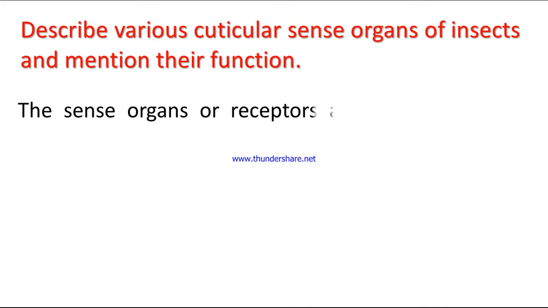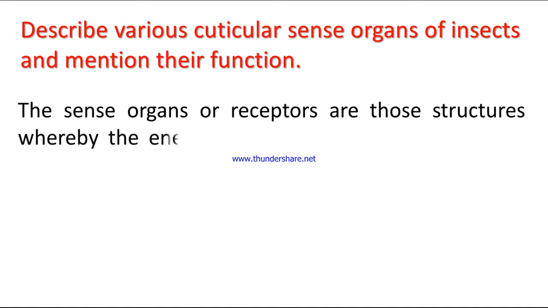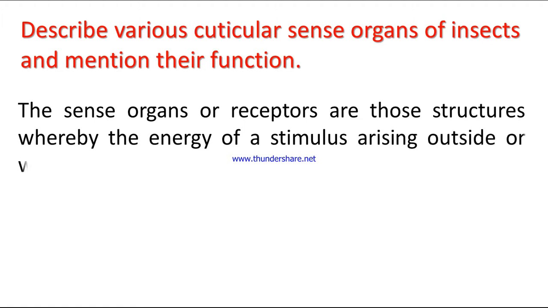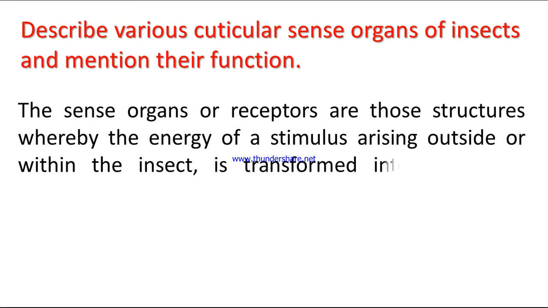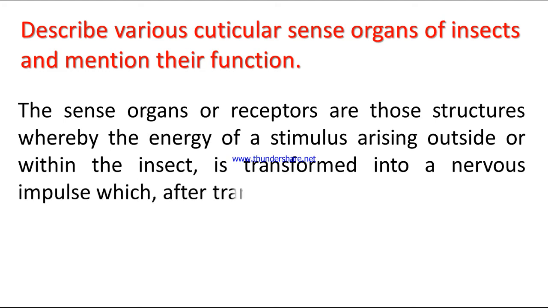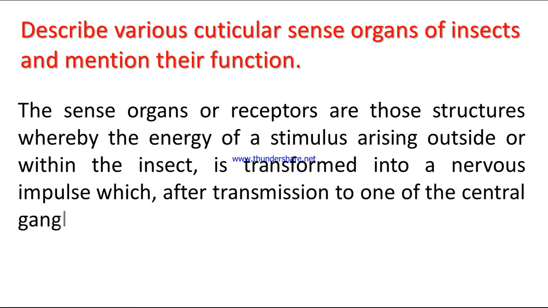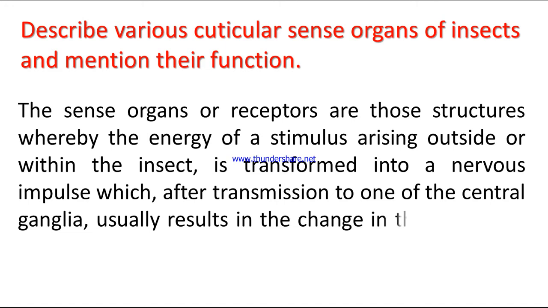The sense organs or receptors are those structures whereby the energy of a stimulus arising outside or within the insect is transformed into a nervous impulse, which, after transmission to one of the central ganglia, usually results in a change in the behavior of the insect.